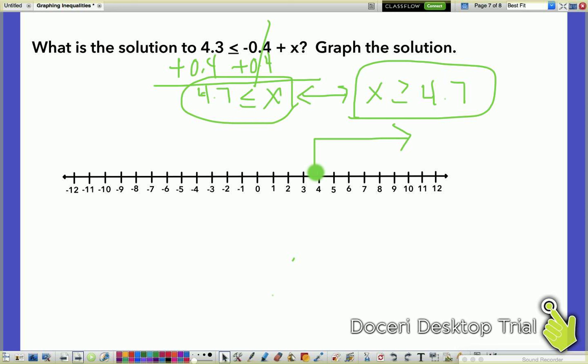Oh, and I put that in the wrong place. Sorry, guys. .7 there. Okay, there we go. Sorry about that. I thought I was placing it in the right spot, but I was not.